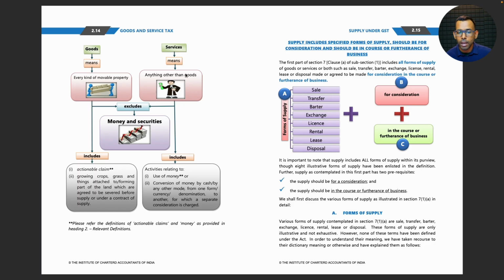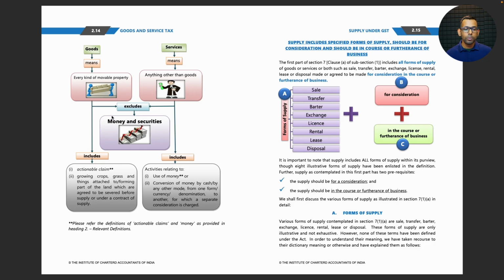Services means anything other than goods, which includes activities relating to use of money, or conversion of money by cash or by any other mode from one form or currency or denomination to another for which a separate consideration is charged.